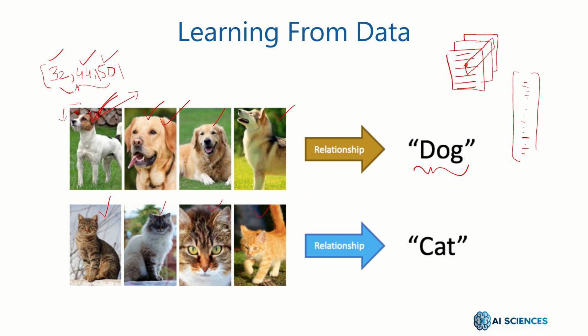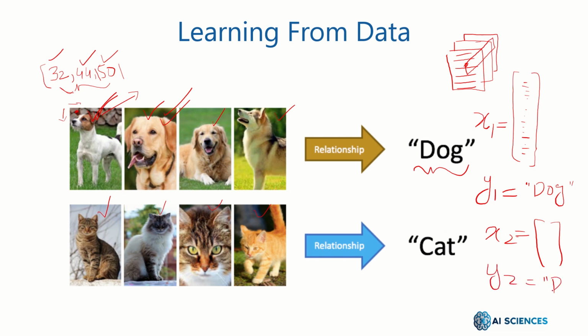So if we think of this first image as this vector of numbers, later we will see that these numbers are called features. Let me denote this whole vector as x1, and then y1 might be dog. So y represents the label. x2, which represents this particular image, may be a vector of the same length if the images are of the same size, and y2 is also dog.